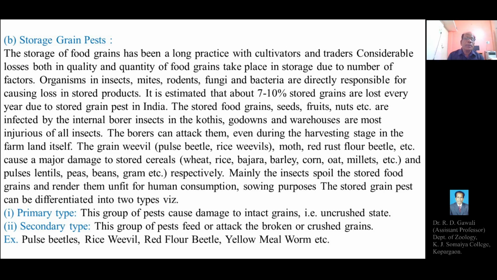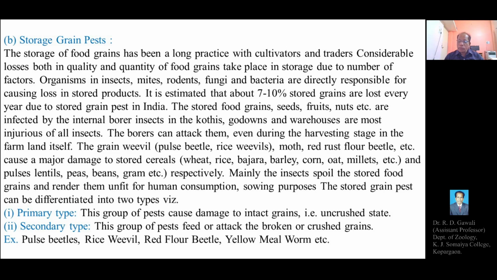And secondary type of stored grain pest: this group of pests feeds on or attacks the broken or crushed grains. For example, pulse beetles, rice weevil, red flour beetle, yellow mealworm, etc.